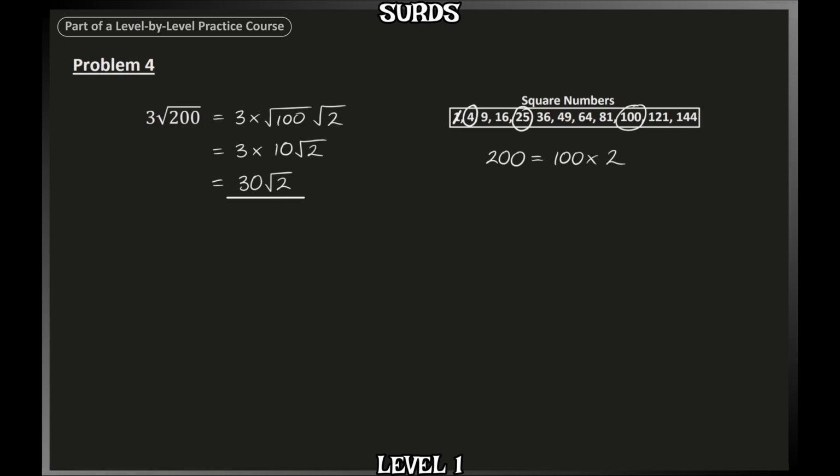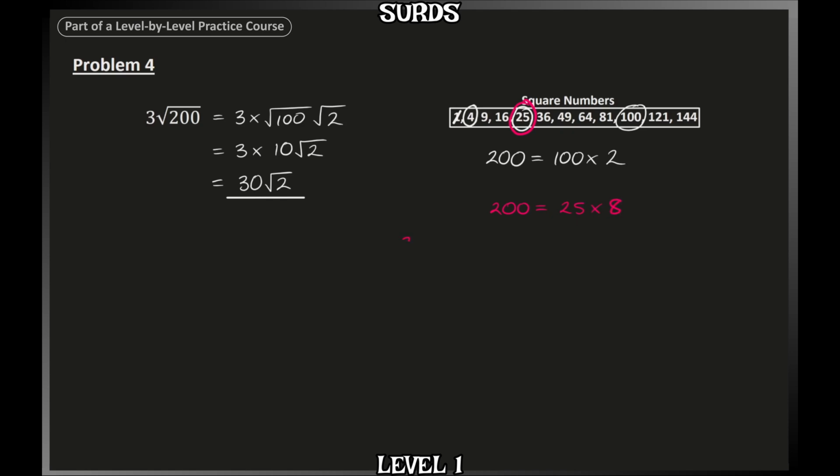Now we could also have got the same result by using one of the other factors on the list, and it's just a bit more work to do this. So we could have chosen 25 to do this problem, and 200 can be written as 25 multiplied by 8.